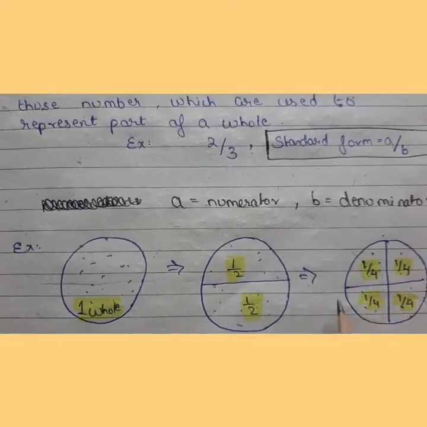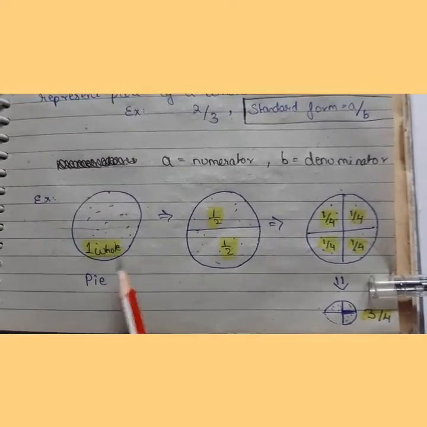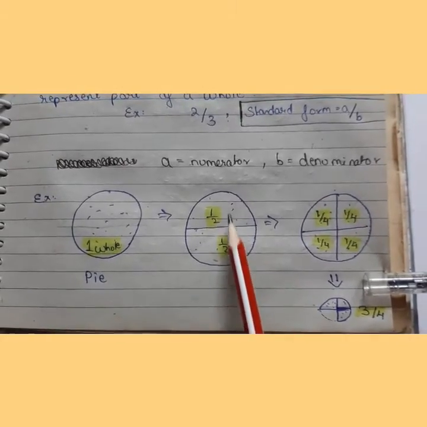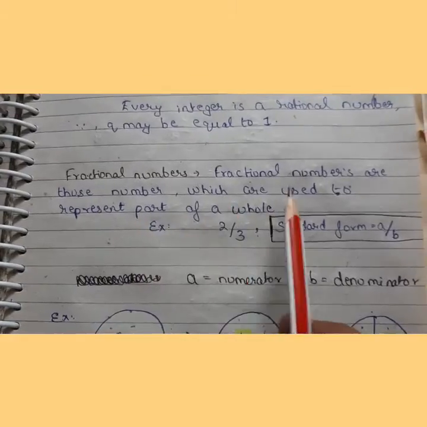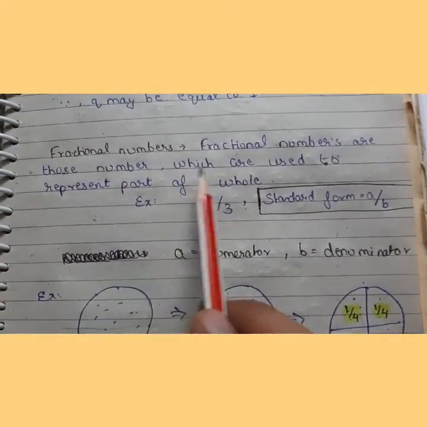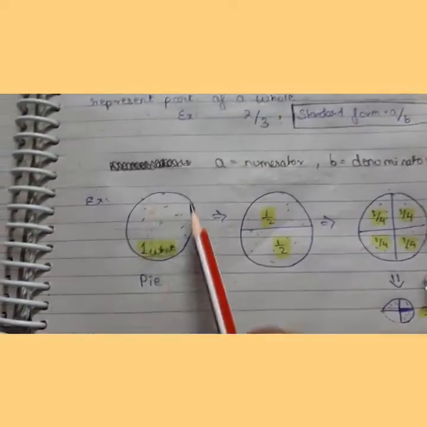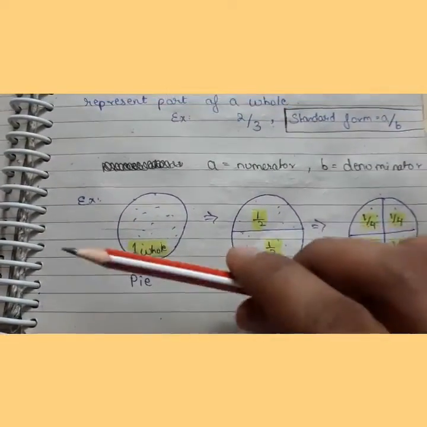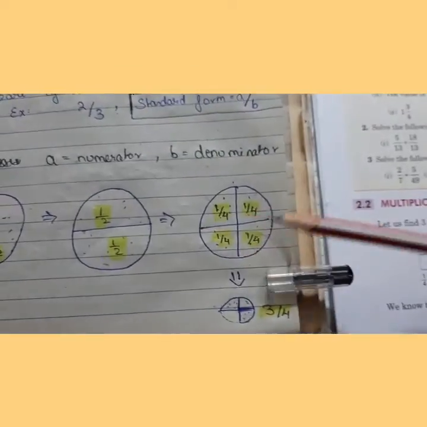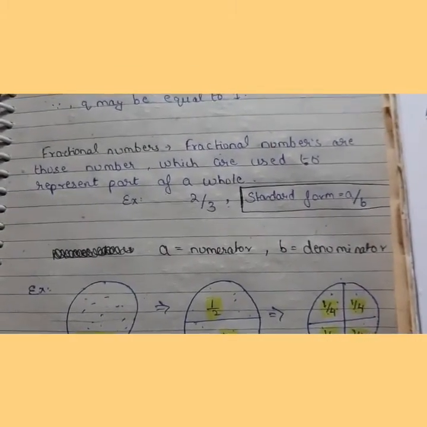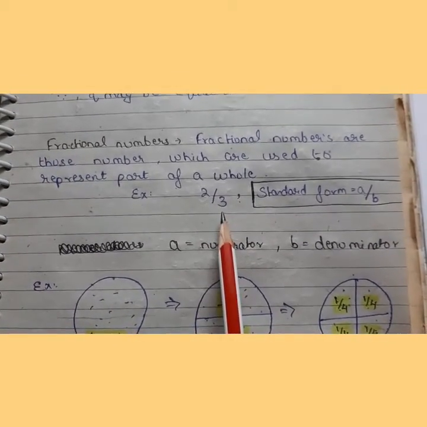So these are known as fractional numbers. That means one whole can be divided either into two equal parts or into four equal parts. The definition: fractional numbers are those numbers which are used to represent part of a whole. Part of a whole means this was a whole, and now I am representing a part of it. Two parts, four parts, these are known as fractional numbers.